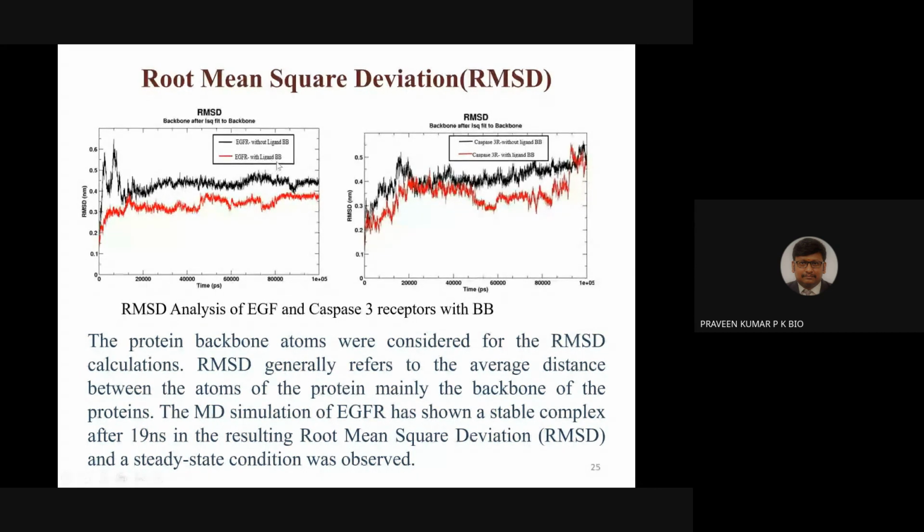So our compound is having a better stability with EGFR. You understand? Black is just the protein receptor, but red is ligand with the receptor, and the RMSD value is comparatively less than with the receptor alone. So we can conclude that our ligand is docking well and is having a better stability with EGFR.